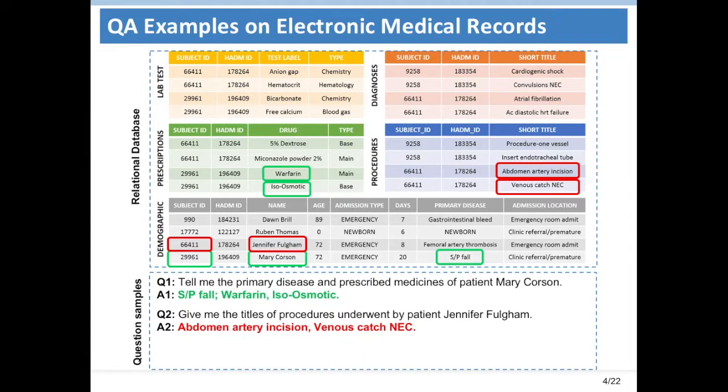Both questions are trying to retrieve patient-specific information from EMR data. In addition, we can also ask how many patients were admitted at emergency room. This question aims to retrieve cohort-based information.